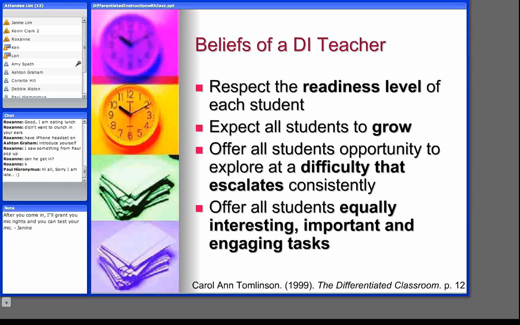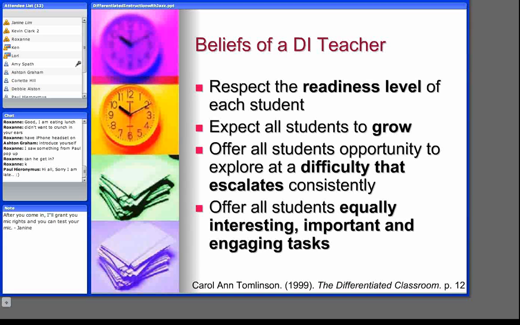An instructor who uses differentiated instruction is going to respect the readiness level of each student. So this means all the students to grow, that you offer students opportunity to explore at a difficulty that escalates consistently.